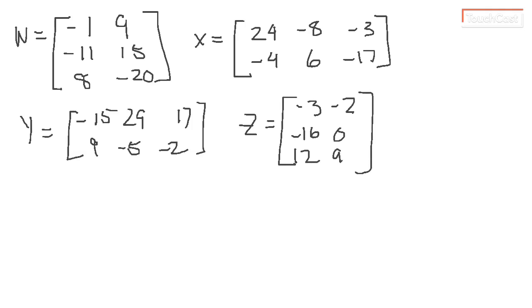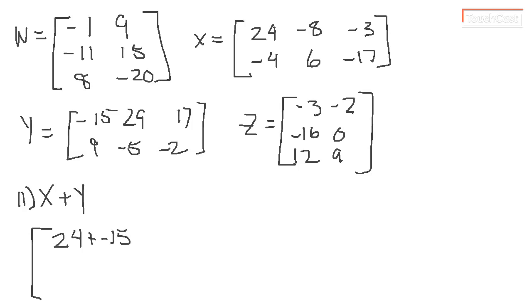Now our first example here is question 11 on our note sheet. We're going to add matrix X and Y. As long as the dimensions are exactly the same, we can do the addition. X and Y are both 2 by 3 matrices, so we can add them. So when we're doing that, we're going to result in another 2 by 3 matrix. We're going to take 24 and add to it -15.